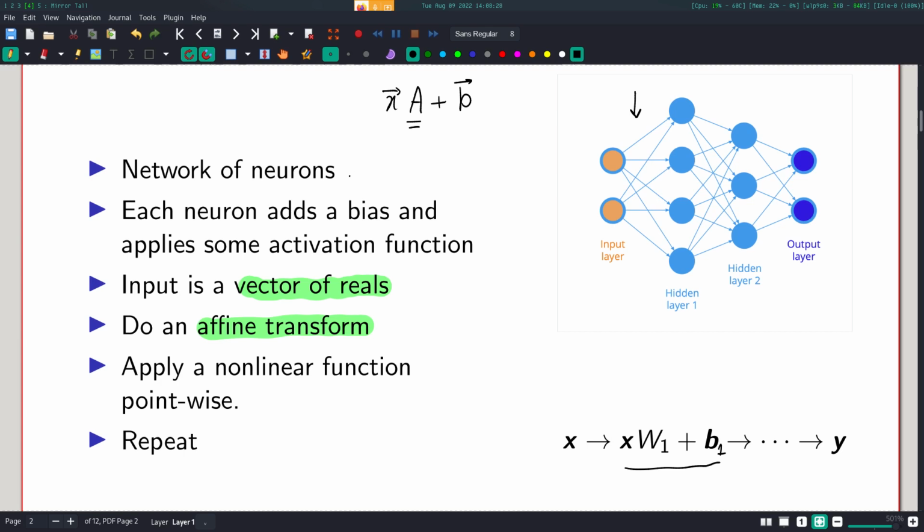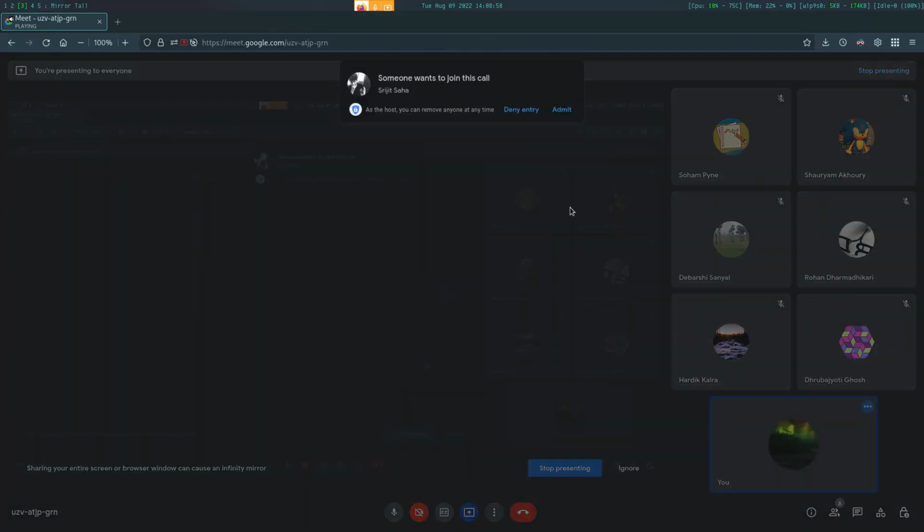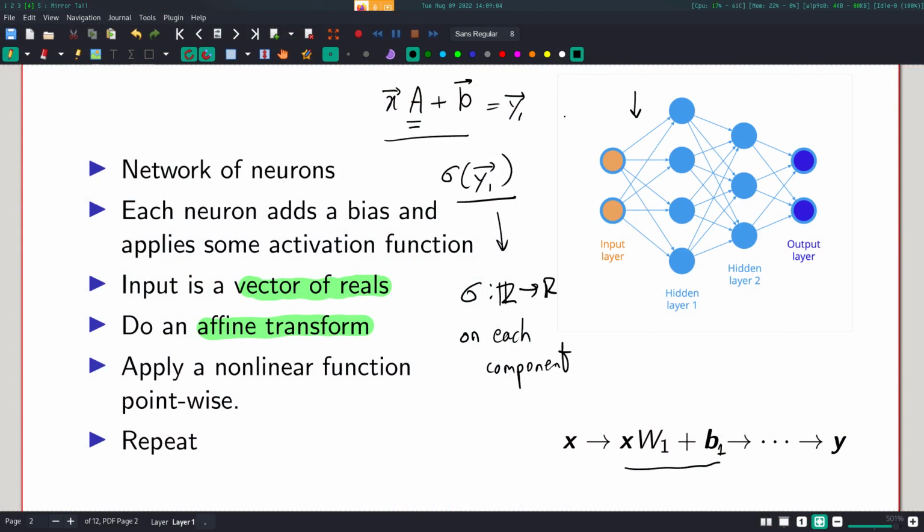For example, if we were to apply sigmoid, we would take this affine transform, get some vector, and then apply sigmoid, which is a real to real function, on each component, right? So we can write the neural network as a sequence of affine transforms, then apply some nonlinear activation function, and again some affine transform, and again apply some nonlinear activation function, and so on, right?